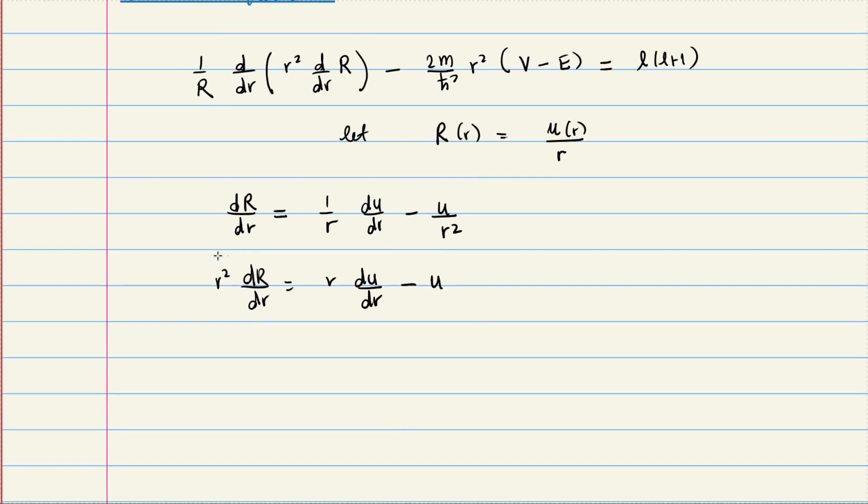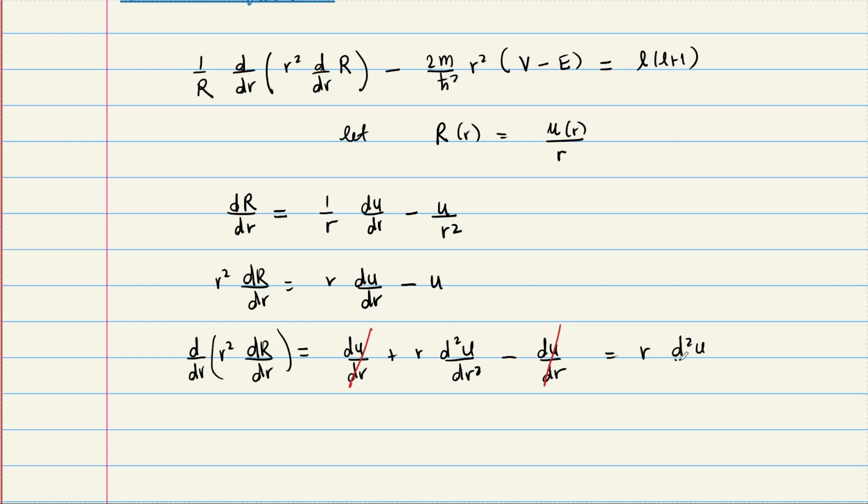And I need to take one more derivative, d dr of this, which is du dr plus r d squared u dr squared minus du dr. Cancel this, and at the end we have r d squared u dr squared.